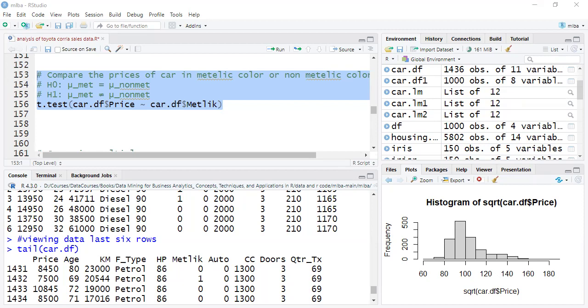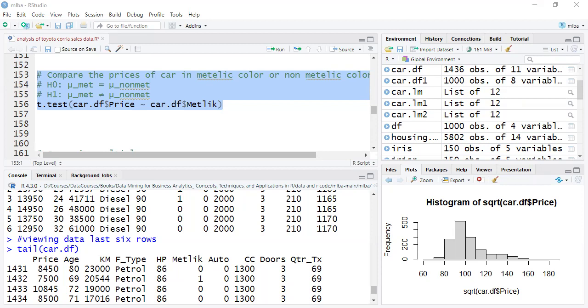An example: suppose in a company, males are claiming that the females are taking a higher average salary as compared to males. Sorry, males are claiming that the females are taking a higher salary as compared to males. So what will your hypothesis be? Your null hypothesis H naught is that the average salary of male and female is the same.